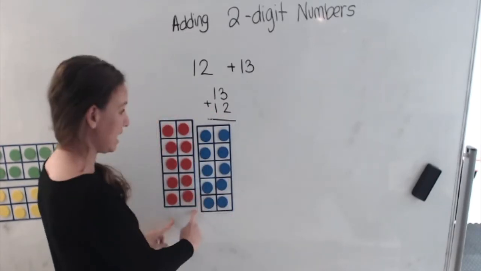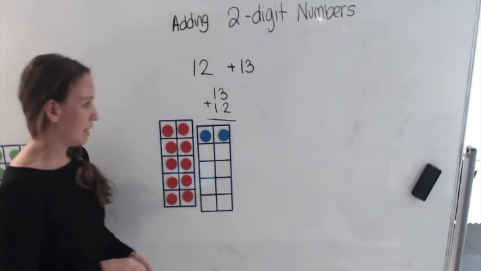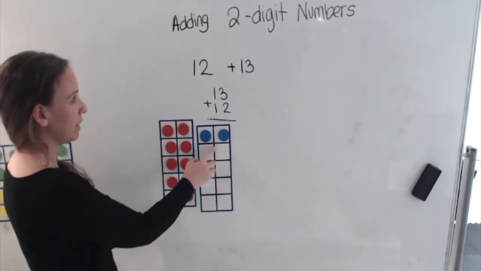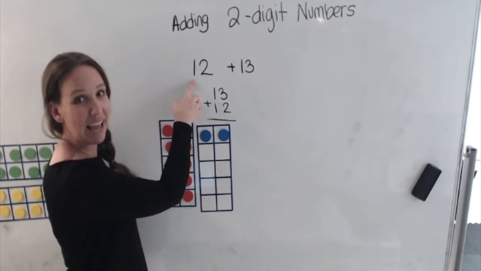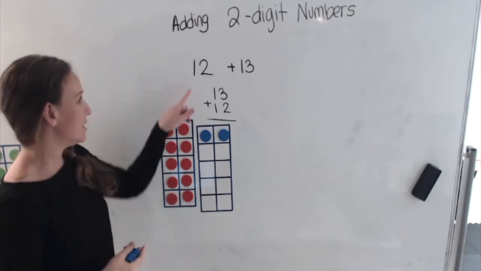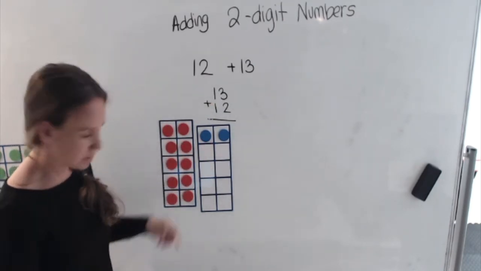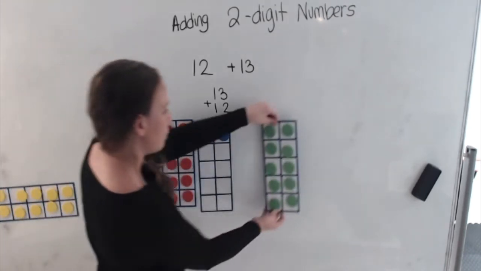We have a 10 set. And 2 makes 12. So here we have 10 and 2 makes 12. So this number here tells me how many 10s I have. How many sets of 10s does it say? One set of 10s and 2 ones. So we have 12. And on the other side, we have 13.